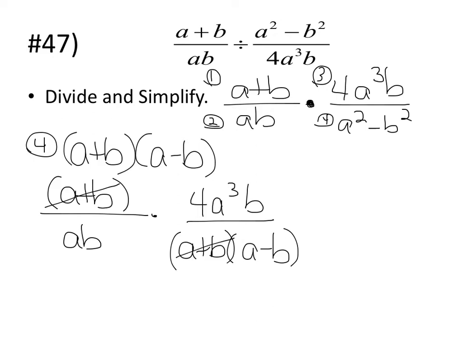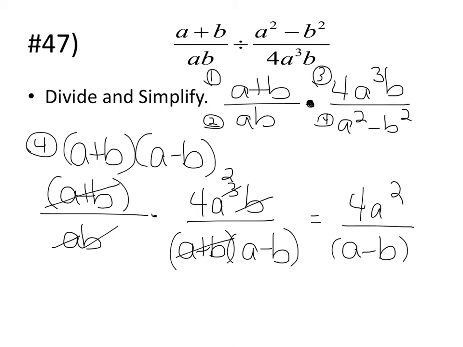So this and this cancel. And then you've got an a here, and you've got 3 a's here. So I'm just going to change the a to 2. And then your b's cancel. So you're left with 4a squared over a minus b. And because you put your parentheses here, that tells you that this a and this a can't cancel each other. It's like a reminder.